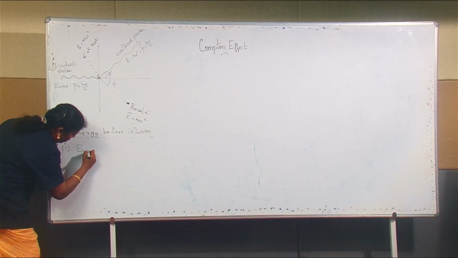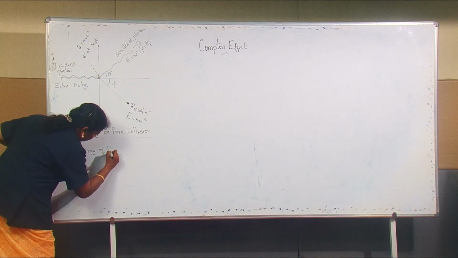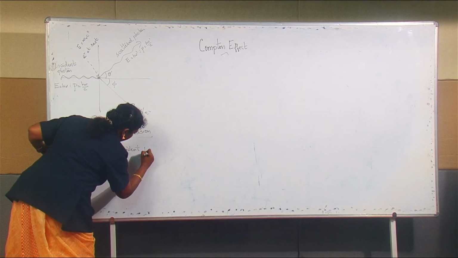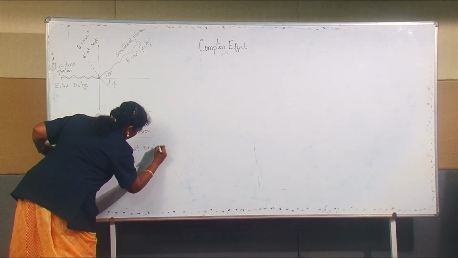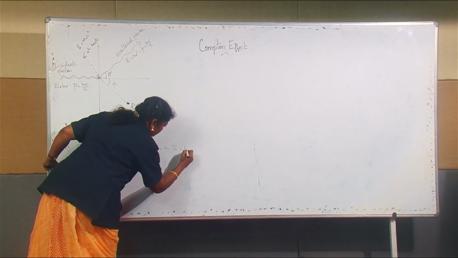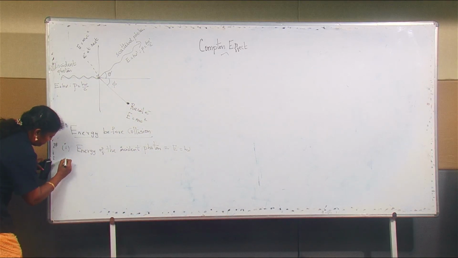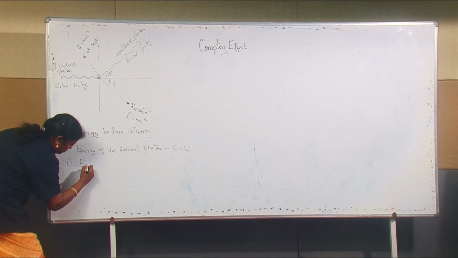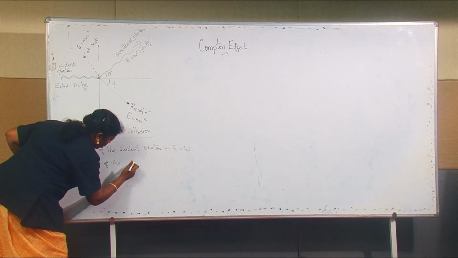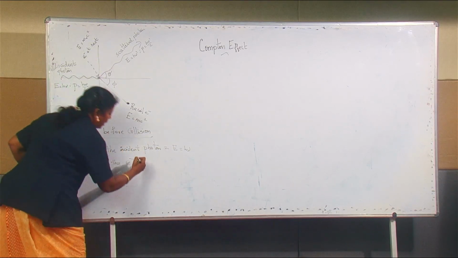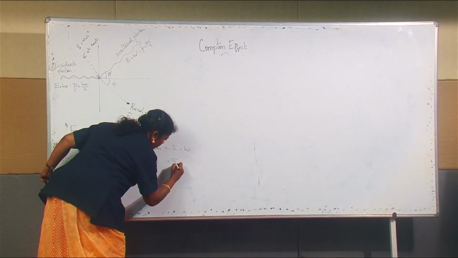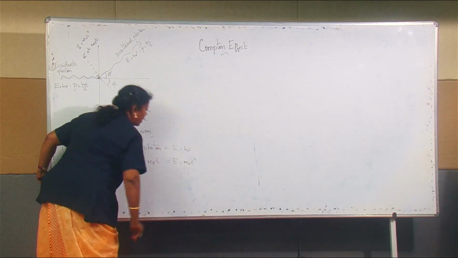First, the energy of the incident photon: the equation is E is equal to h nu. Next, the energy of the electron at rest: E is equal to m naught c square.